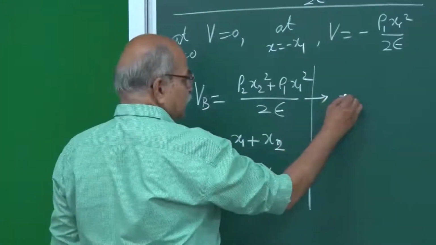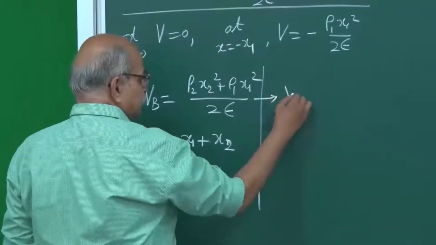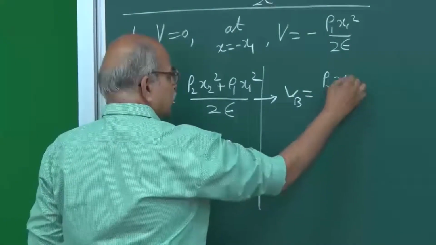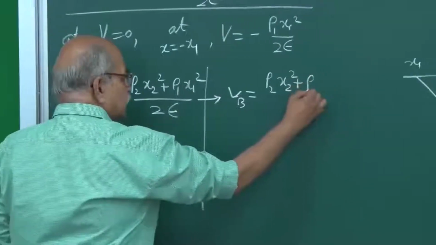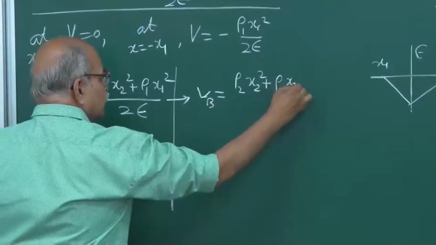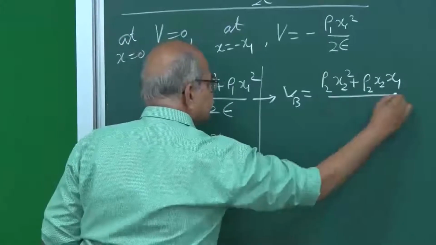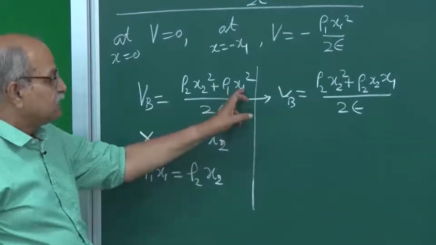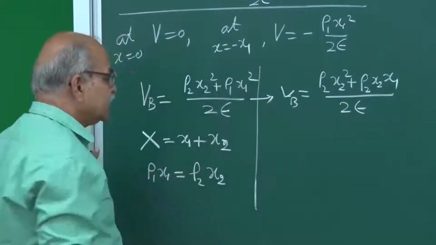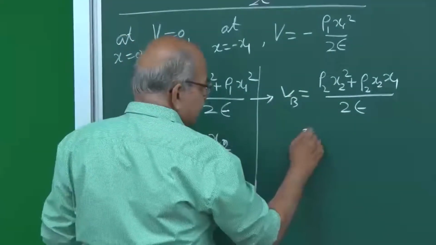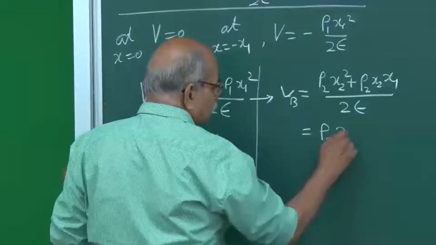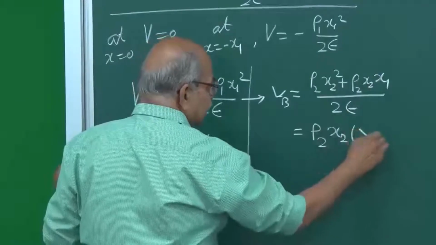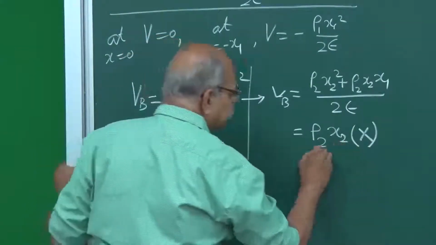So, this VB is equal to rho 2 x2 square plus rho 2 x2 and x1, right. This rho 1 x1 is rho 2 x2 and one more x1 here. So, it is this, and you take rho 2 x2 common and you get x2 plus x1, which is capital X.